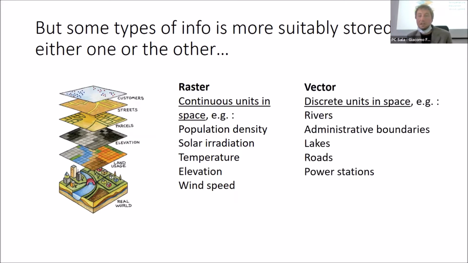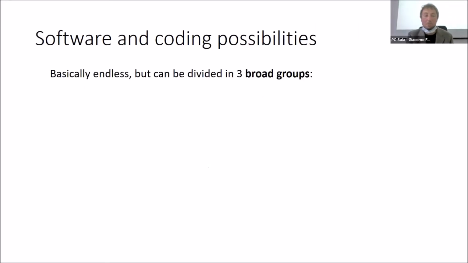Instead, vector data is for discrete things, such as rivers, administrative boundaries, roads, power station position. So this distinction is important to bear in mind. Although the two types of data can also be partially interchanged between each other.